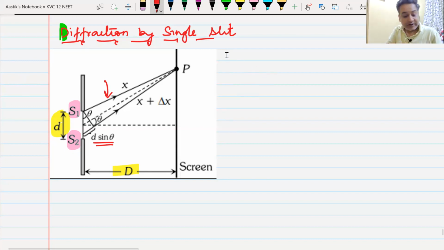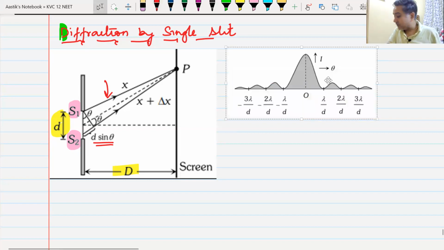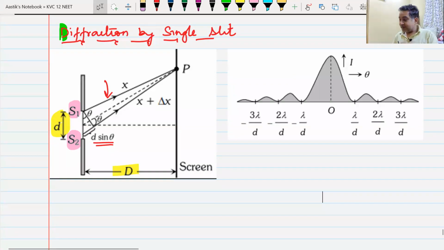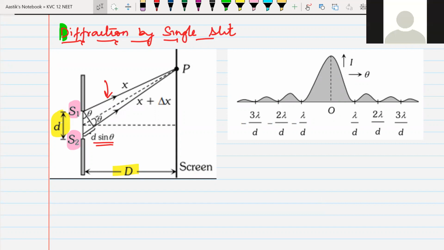Draw this diagram. At the same time, also draw this one, which is the variation of intensity with the angle theta. First I draw the diagram. I'll give you 2 minutes, then I will explain what is happening here. First, draw the diagrams.